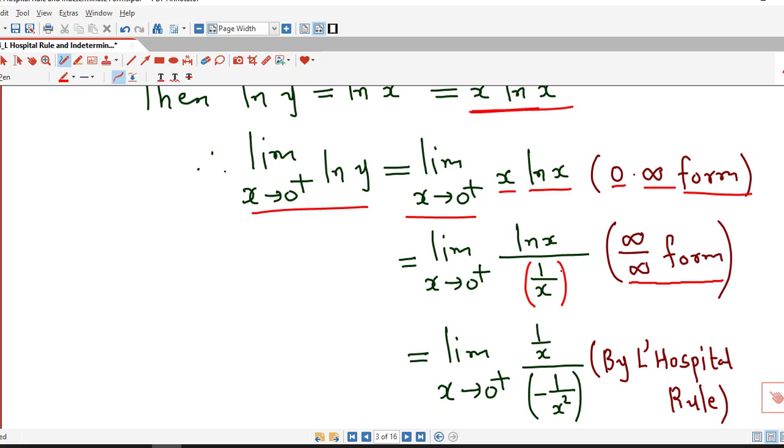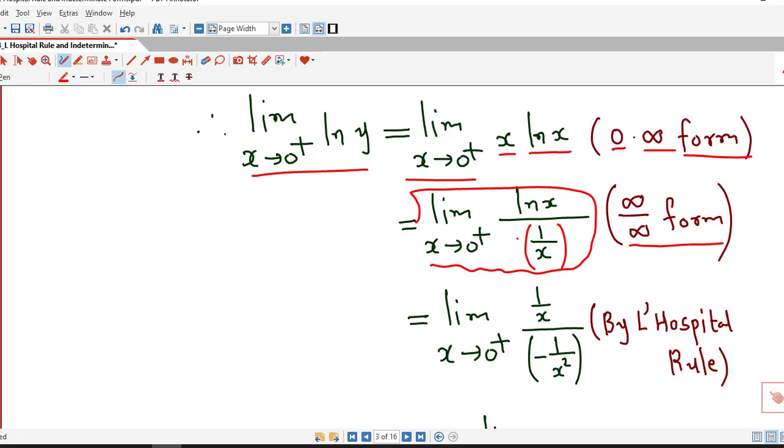So this is an infinity by infinity form. For this limit we can apply L'Hospital rule. We write the derivative of log x in the numerator, which is 1 by x, and the derivative of 1 by x in the denominator, which is minus 1 by x square.